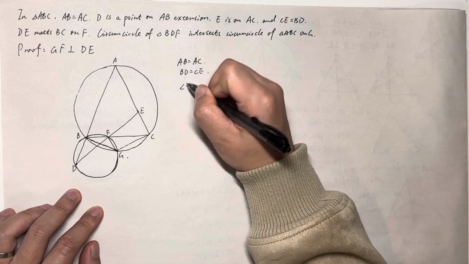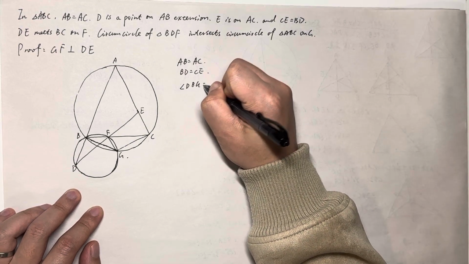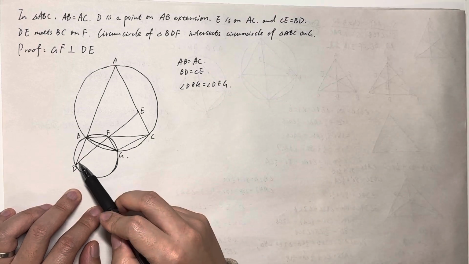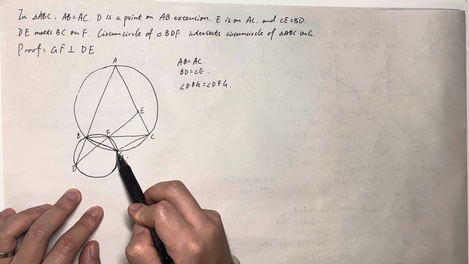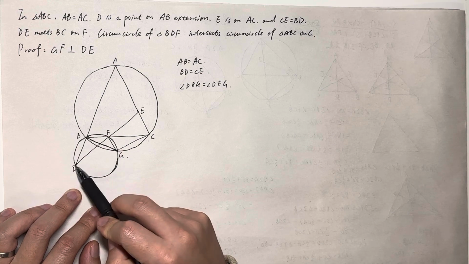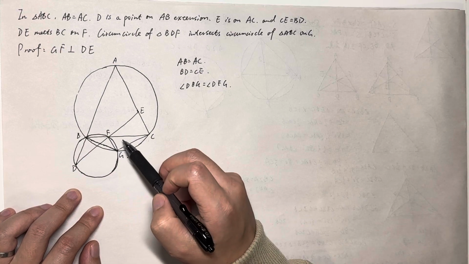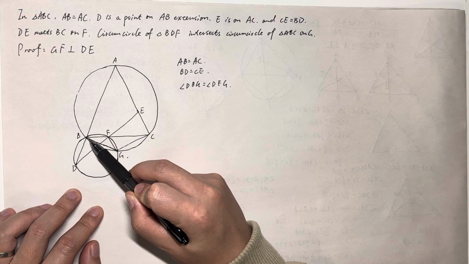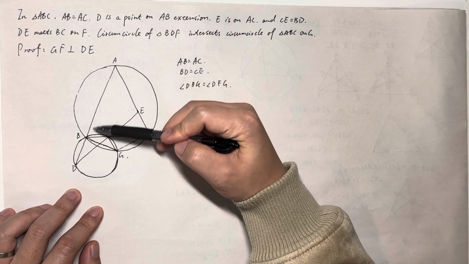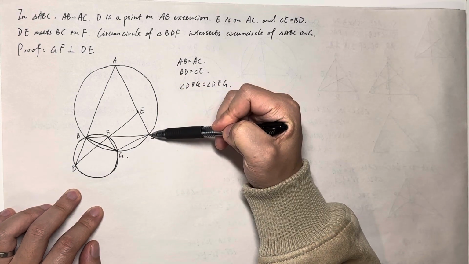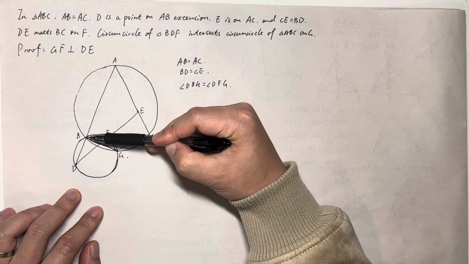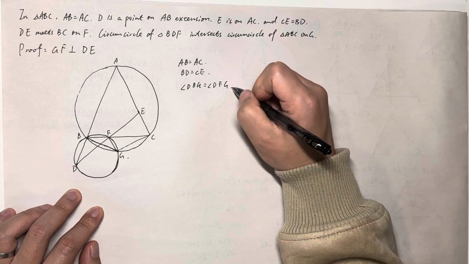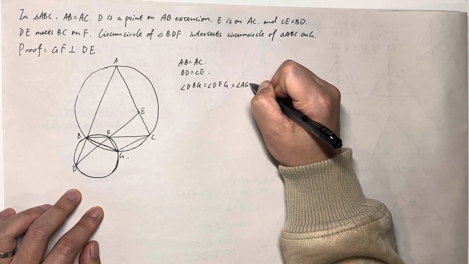So we know that angle DBG equals angle DFG, right? They both refer to the chord DG. And because ABGC is a cyclic quadrilateral, angle DBG equals angle ACG.